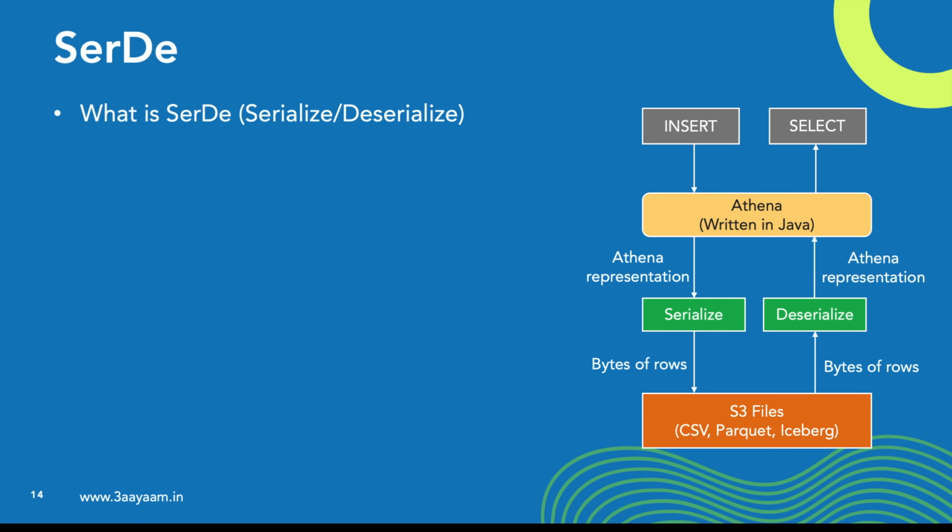That's why in the row format, we will have to mention what type of serialization and deserialization we want to use as per the file. So let's say I want to store the file in Parquet format. Then we'll provide the Parquet serializer and deserializer, which will take the record from the Athena client and then convert that record in a format which can be saved by Parquet.